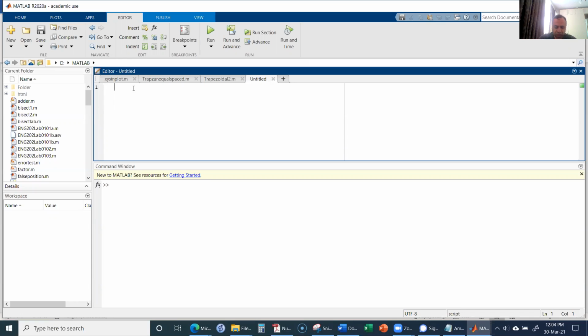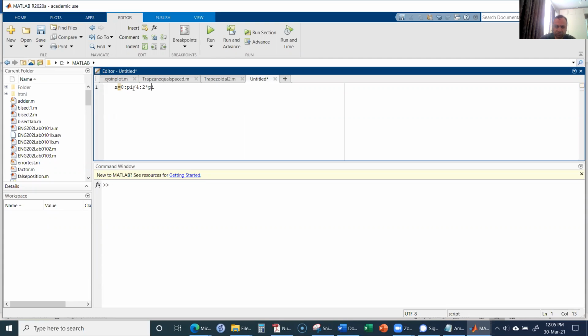If we have x as some data points from 0 to 2 times pi, I want that interval to be pi divided by 4.